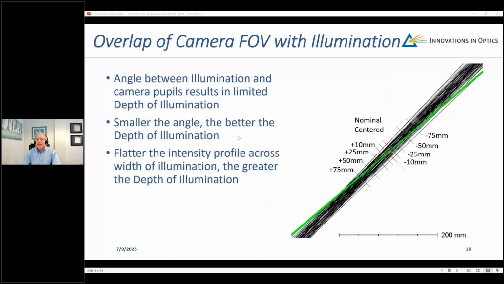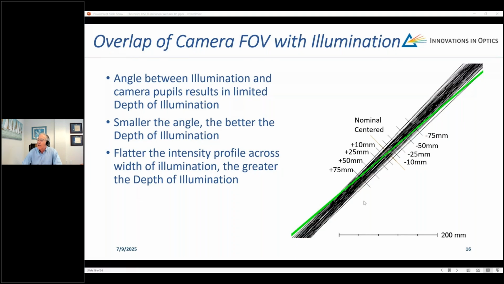And so we're looking at it in the optical models. The green represents the rays from the camera slit as projected onto the objects that are going by on the conveyor belt, and the black lines represent the illumination.